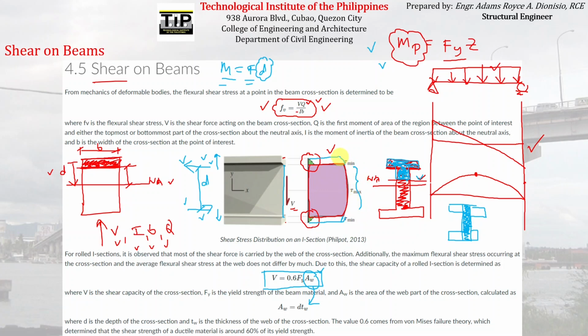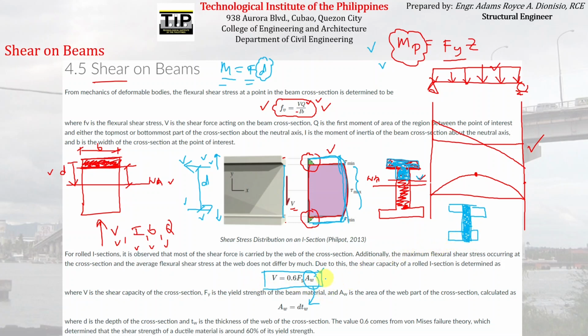If we try to find its average, it will be located somewhere here at the middle. The magnitude of the resultant of that average shear stress is almost equal to this diagram if you just include the flange. So therefore, it was theoretically correct to consider this portion of the flange to resist shear stresses.